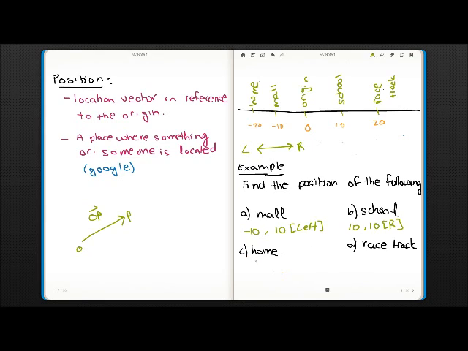And lastly, home, it's minus 20, so you can write down minus 20 or 20 left, or L. And lastly, racetrack, which is 20, you can either write down 20, or you can say 20 right, or you can even say minus 20 left, because it's in the other direction, but this is pointless.